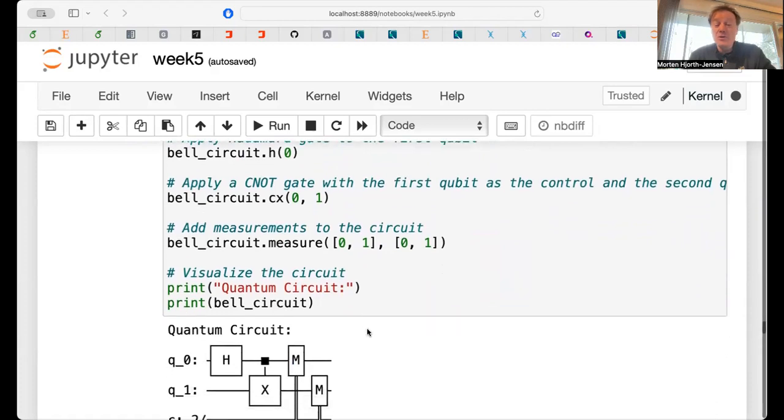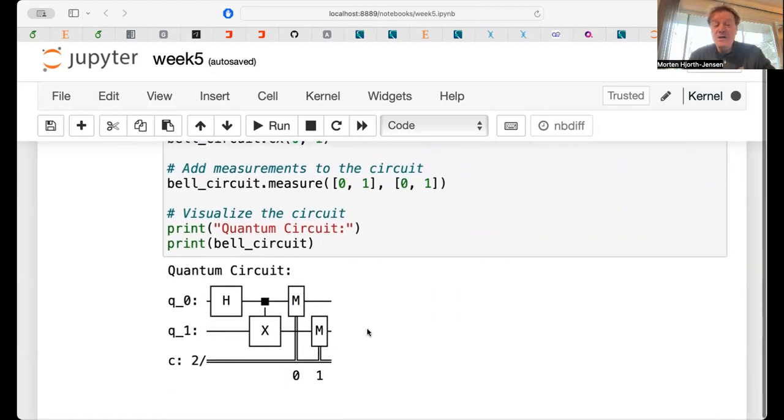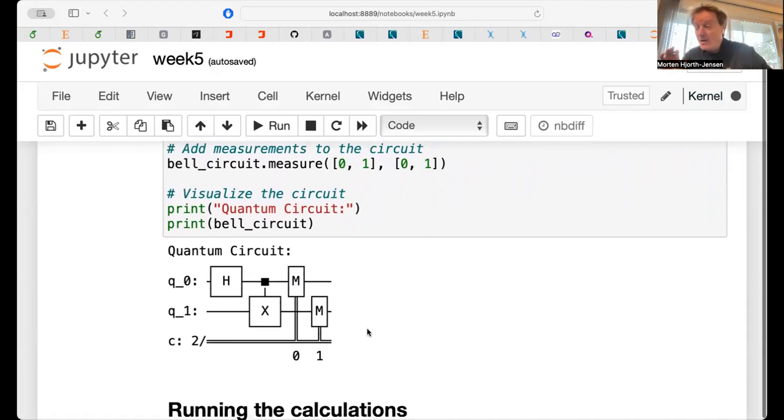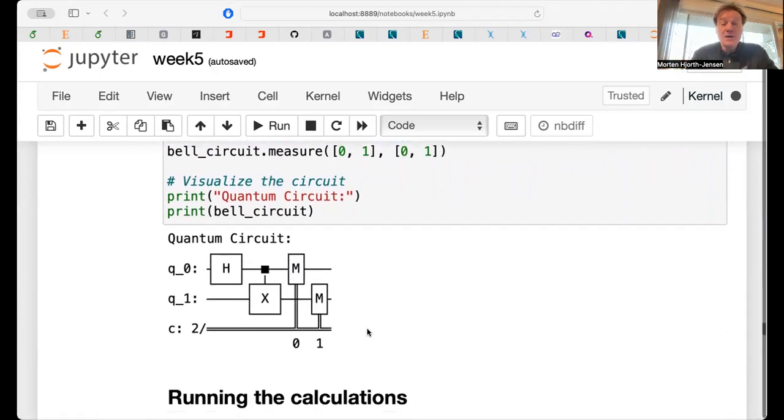So the typical circuit which you will set up, when you visualize it, and this is something you should think of setting up yourself, starts with just 1 qubit and acting with a Hadamard gate. This is one of these fundamental gates. It doesn't entangle a state, but it sets up a linear combination of qubit 0 and qubit 1. Then the X here is a Pauli X gate, and you see this dot here, so this is actually a CX gate.